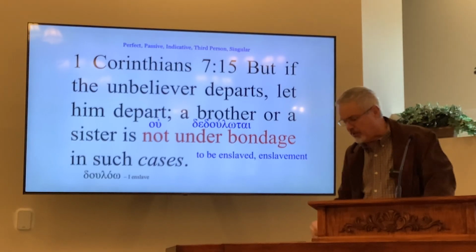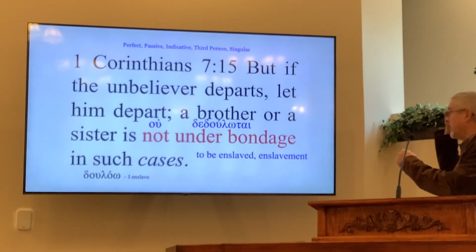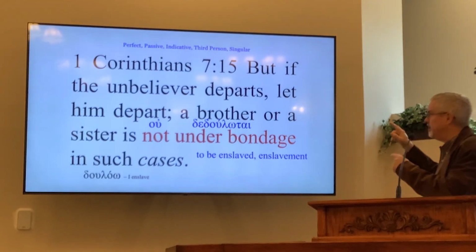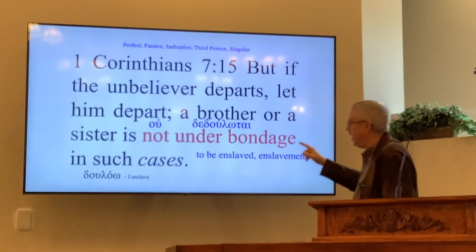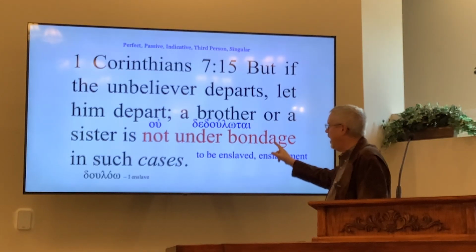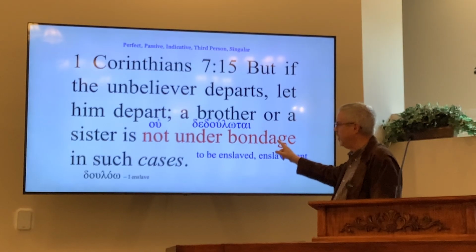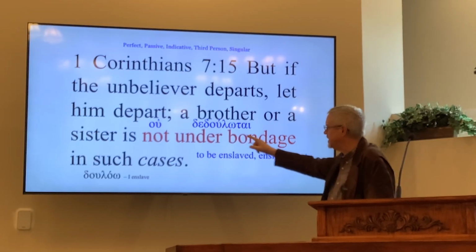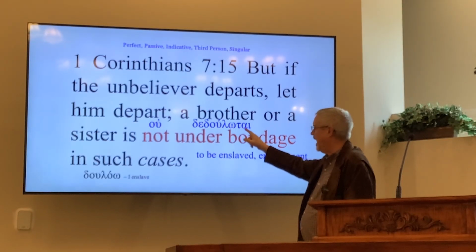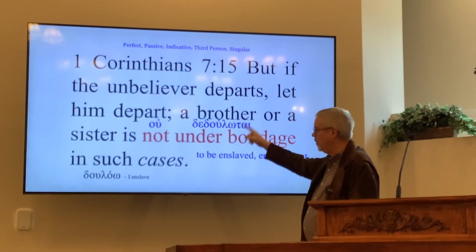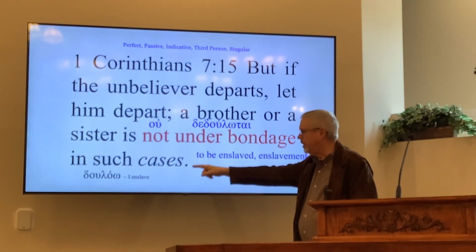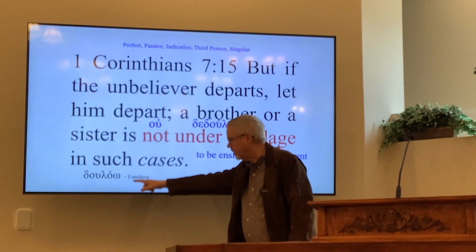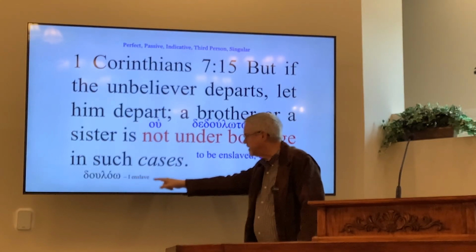Now we go to 1 Corinthians 7:15, because this is what we're going to talk about. 1 Corinthians 7:15: But if the unbeliever departs, let him depart. A brother or a sister is not under bondage, but this is a different word. It's not using dedetai. This is dedoulotai. That's a different word. It's from douloo, a different verb, and it means I enslave.